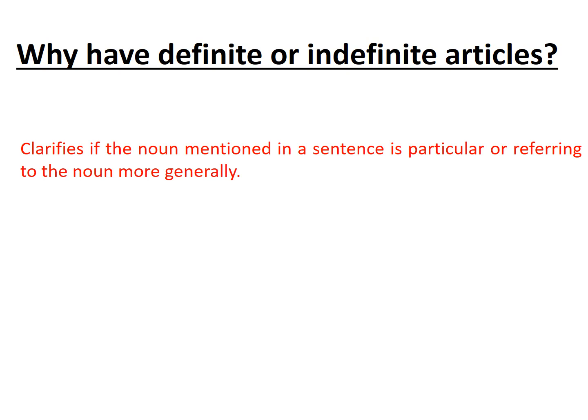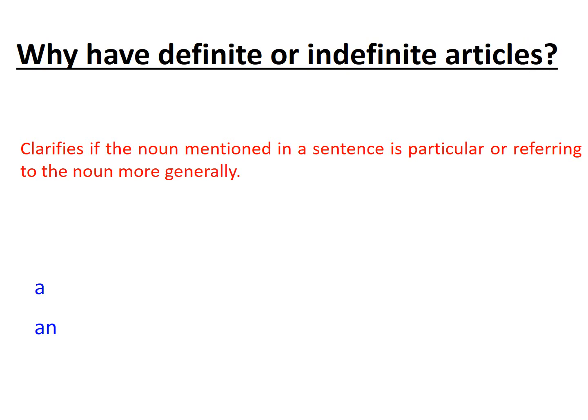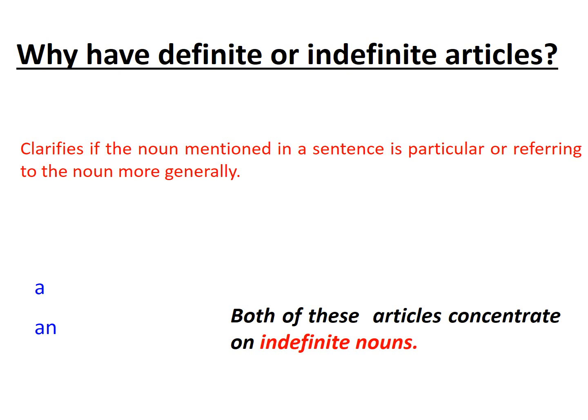So when you look at these two, why not hit pause and tell me what they both have in common? How did you get on? Both of these articles, you're correct, they concentrate on indefinite nouns. I'm afraid you don't get any marks if you just say that they both start with an A.